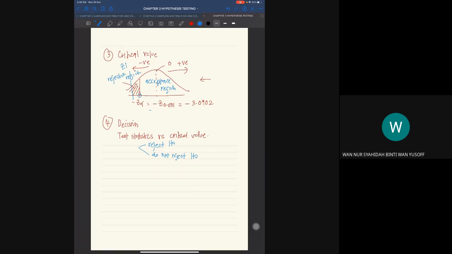If you use this figure when you plot, make sure to label the Z test, so it will be understood that your Z test is in the rejection region. Before we do the decision, you have to write the comparison first. In this case, Z test less than negative 0.01, then the decision should be reject H null.